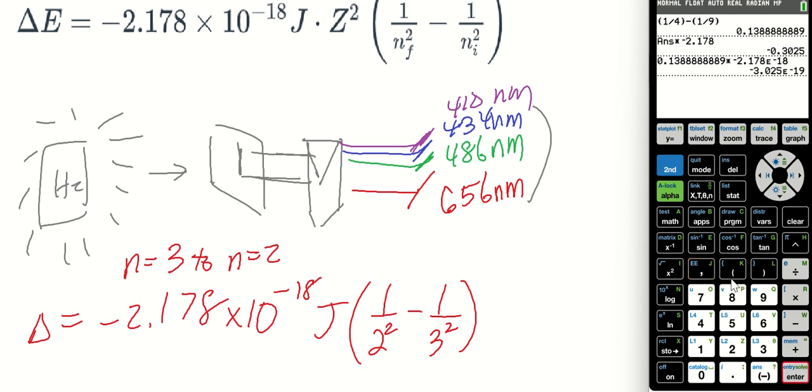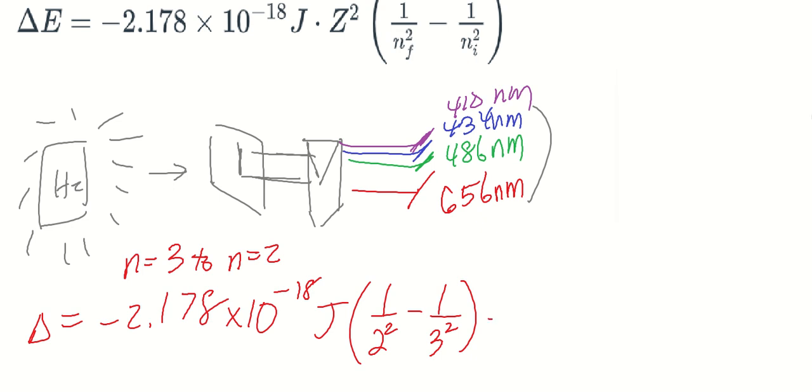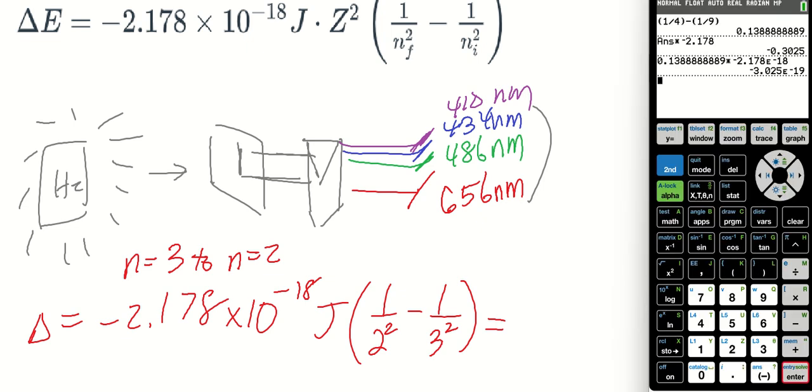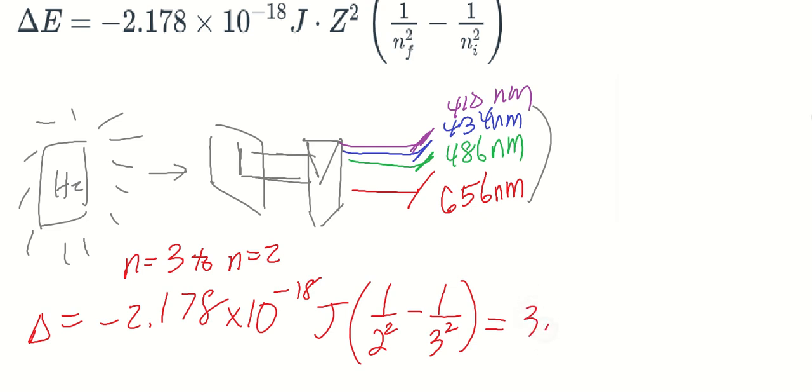I forgot something very important, and that might make a difference. So there's the energy involved in that transition: 3.025 times 10 to the negative 19 joules.